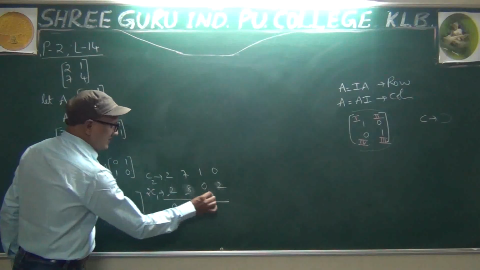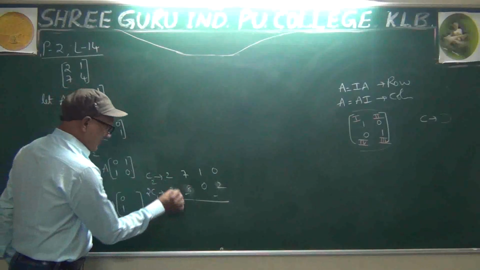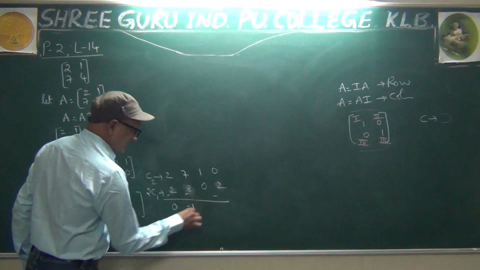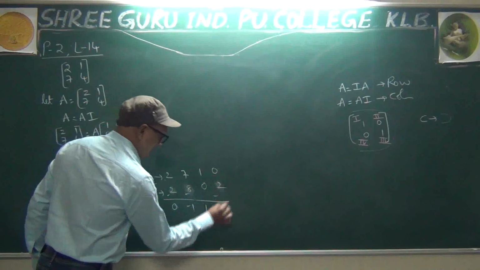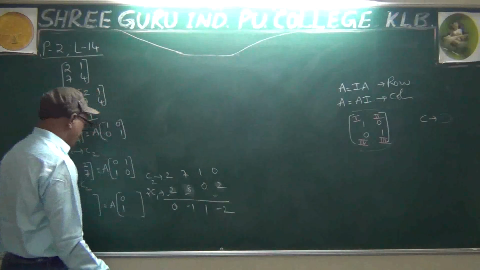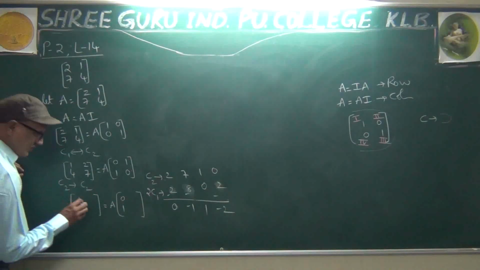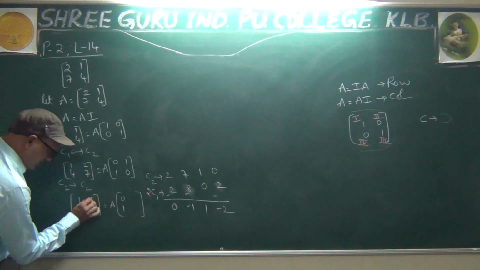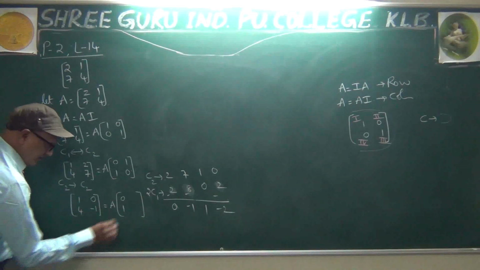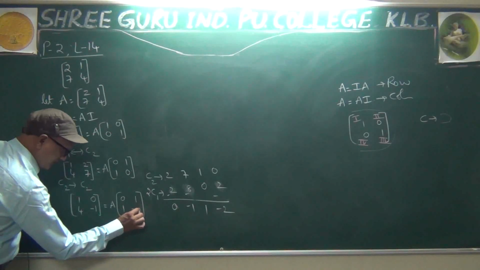So subtraction signs get changed. 2 minus 2 is 0, 7 minus 8 is minus 1, 1 minus 0 is 1, 0 minus 2 is minus 2. This is our second column.